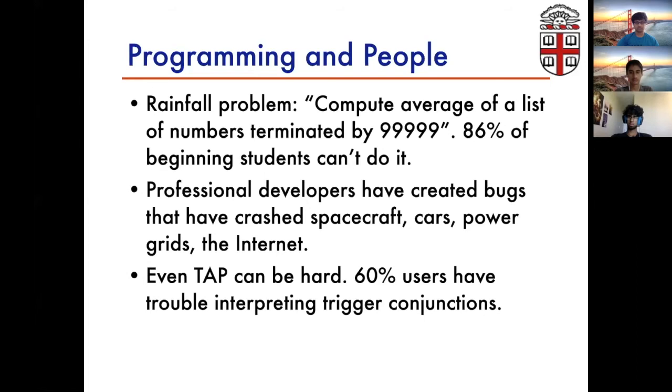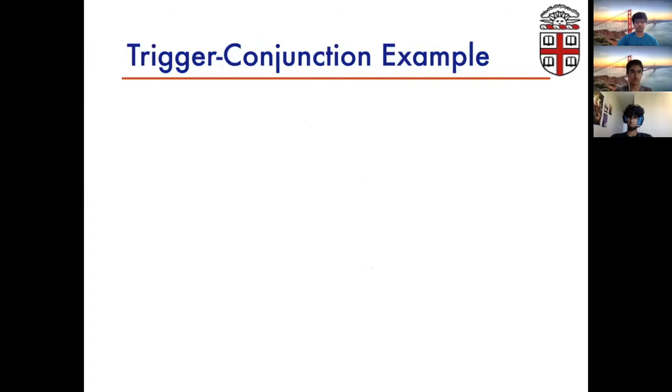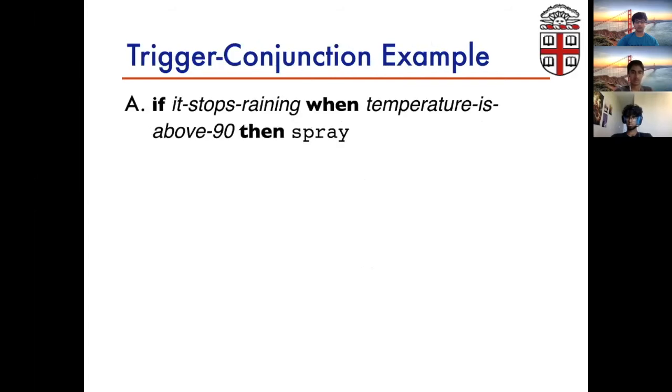Even trigger action programming, which isn't as powerful as general programming, which seems completely built just to be easy for people to use, can be really hard for people to use. We ran a study and we found that 60% of users had trouble interpreting conjunctions of trigger conditions. So let me give you an example of what that looks like. We had them look at trigger action programs like: if it stops raining when the temperature is above 90, then spray the tomato plants.